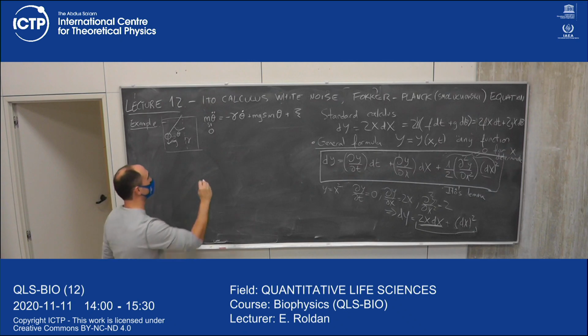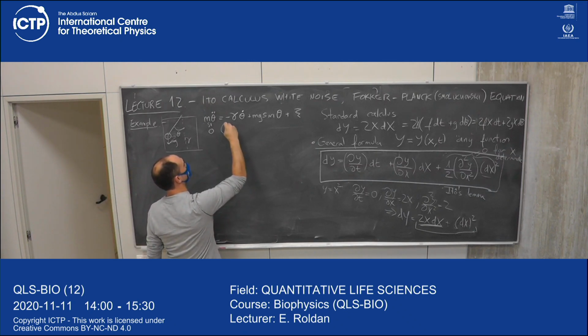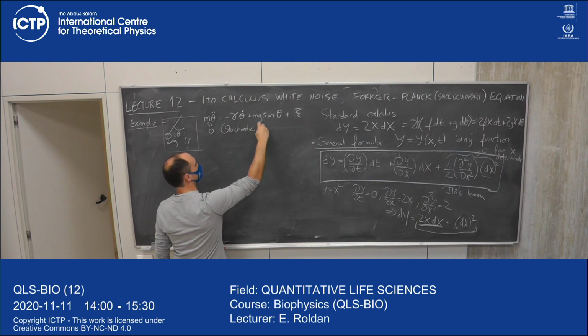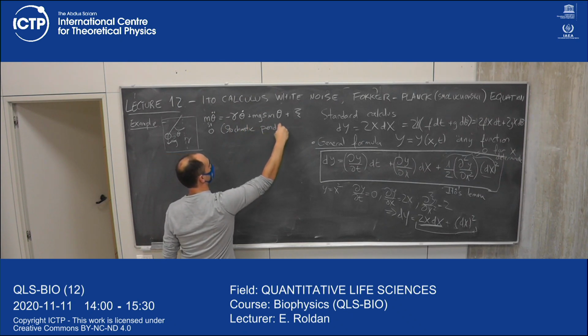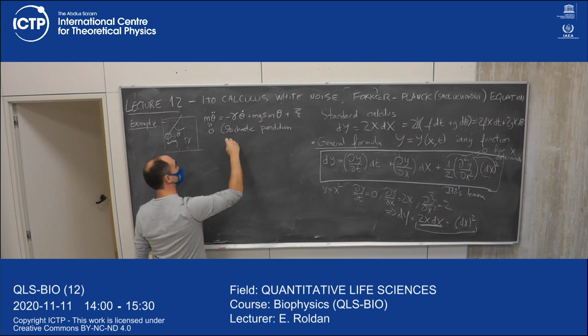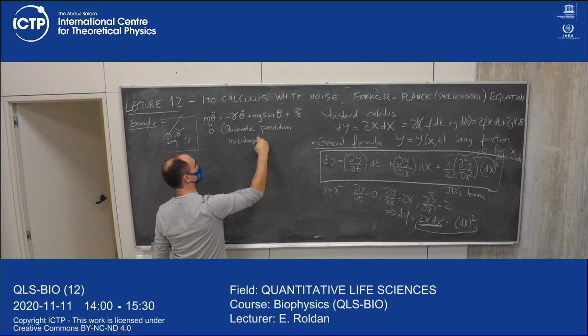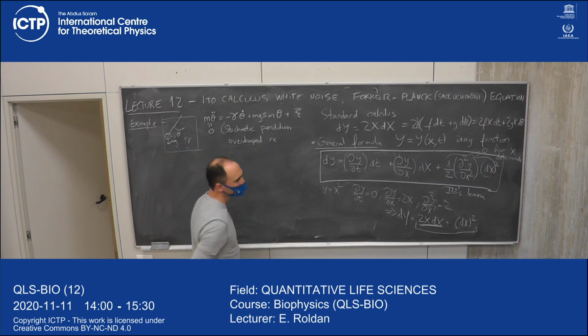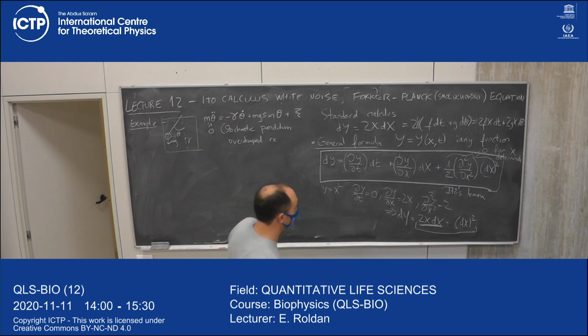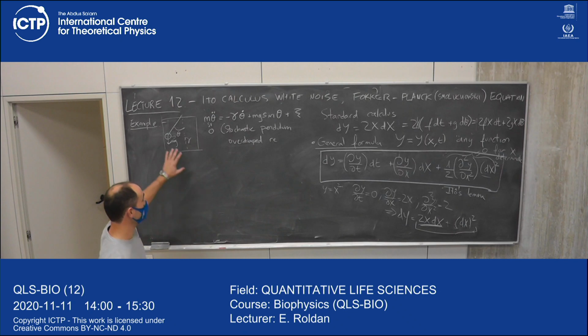So this is like a stochastic pendulum in the overdamped regime. Excuse me, what is the gamma factor? Gamma is the friction that the fluid is doing, opposing the motion of the angle.